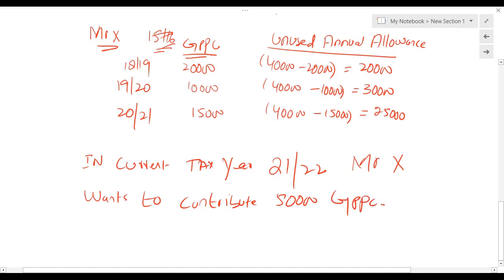In the current tax year, which is 21-22, Mr. X wants to contribute gross PPC 50,000.